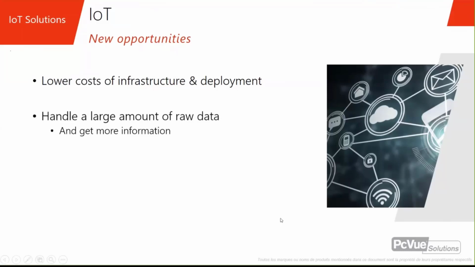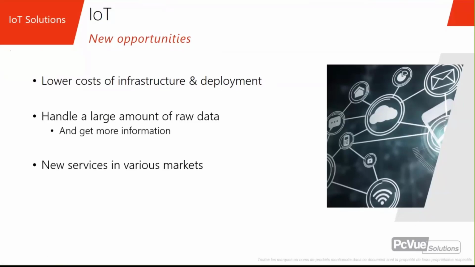It's possible with that to handle a large amount of raw data, and obviously the more data you have, the more information you get. So the challenge for an IoT platform such as PcVue is then to be able to convert those raw data into relevant information, especially for mobile users.